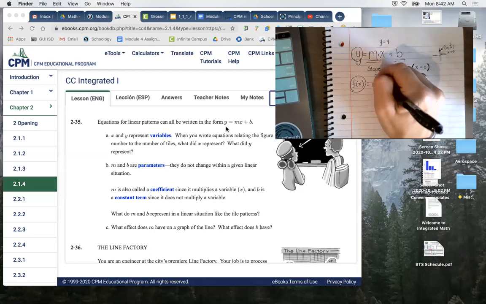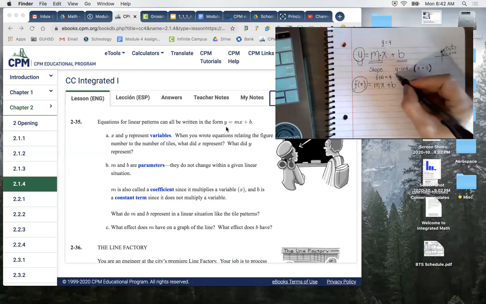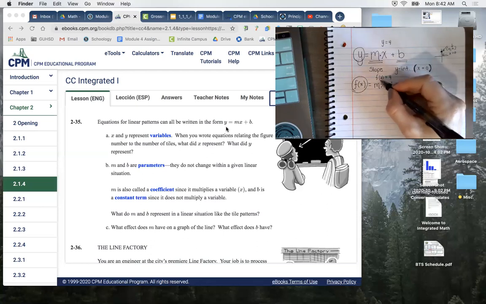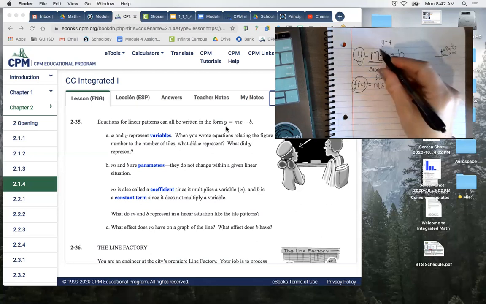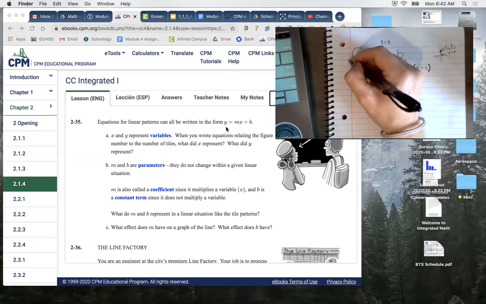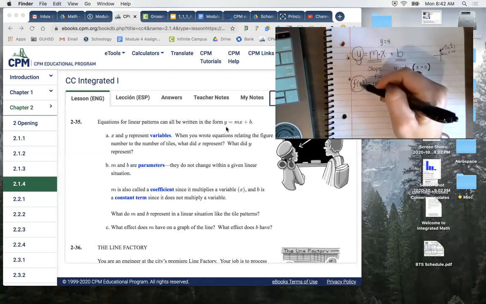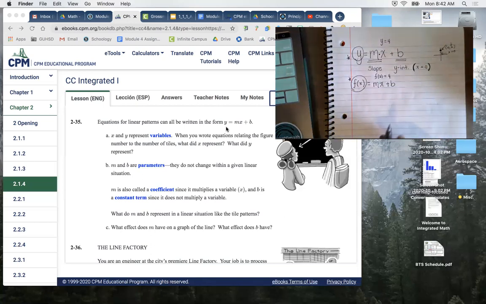But here, if you put f of 2 is equal to 4, then I know what you did. You plugged in 2 and you got the answer of 4. So this is kind of a better way for me to see more of the picture when we go through. So those are the two different ways that you're going to see this equation, and the only difference is that sometimes I will use f of x instead of y.